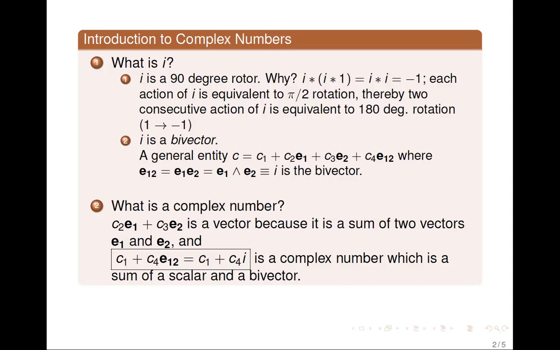So if two successive applications of iota result in a 180-degree rotation, one can imagine that iota by itself corresponds to a 90-degree rotation, which is why the geometrical meaning of iota is a 90-degree rotor.